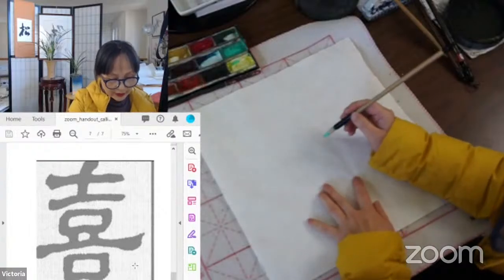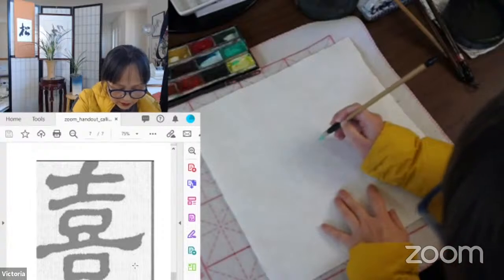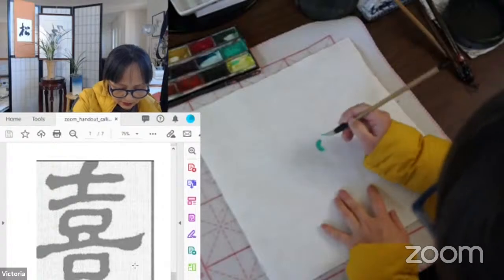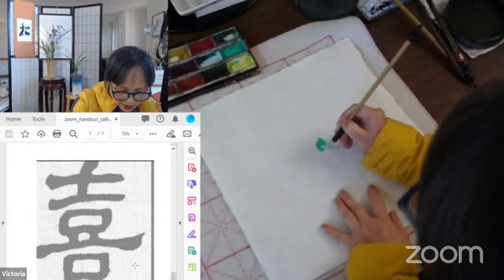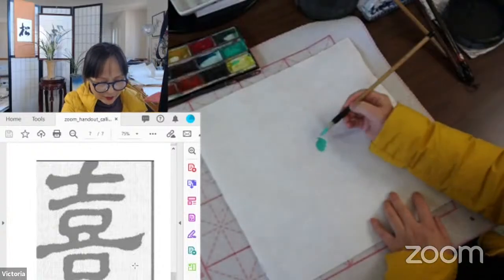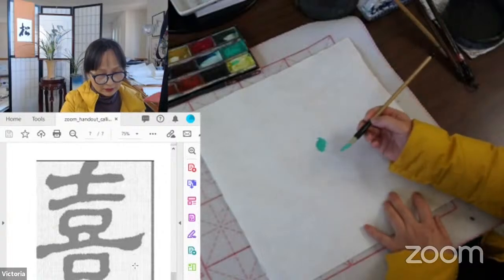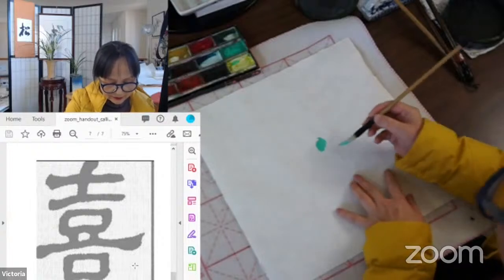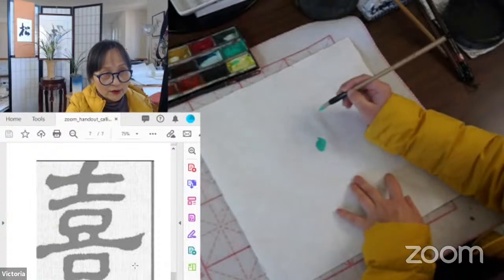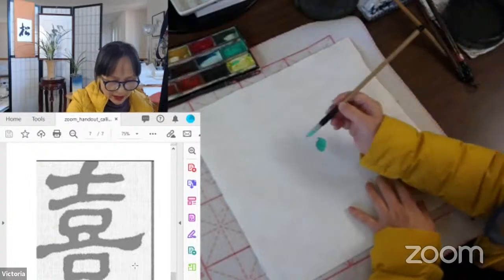Or you can do it the other way, do the leaf first. I use two strokes to do the petal, and a little bit of a tip, like you do the plum blossom. Some people do a circle, one stroke, and some people do two strokes. You can do it either way.